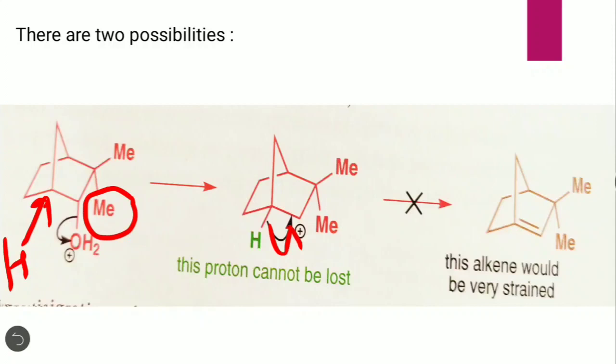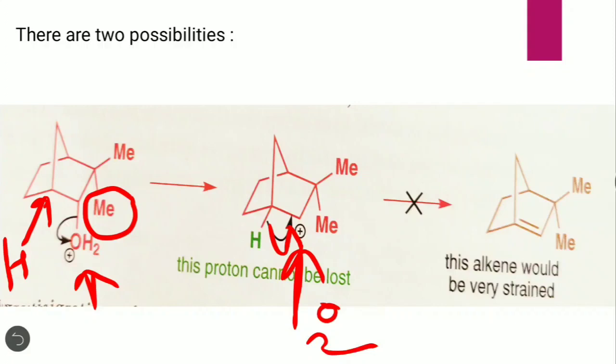As we have seen earlier, it takes place in the presence of H plus ion or any Lewis acid. The hydroxyl group takes the proton and forms a water molecule, and this water molecule departs, and a secondary carbocation is formed.